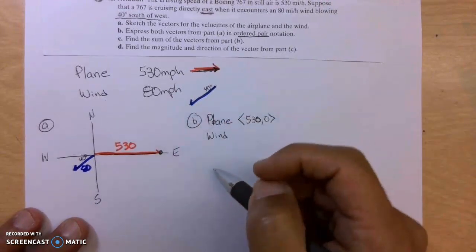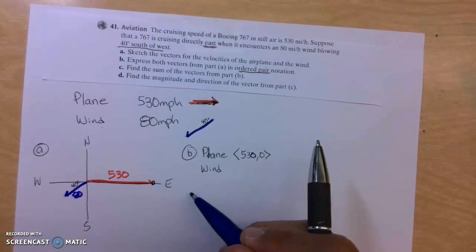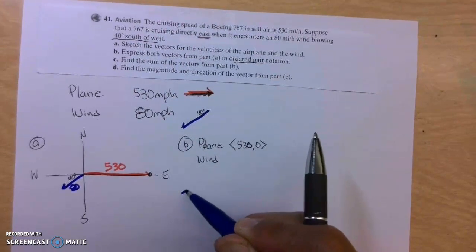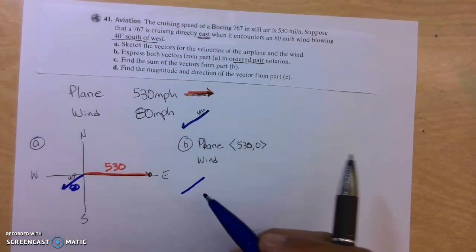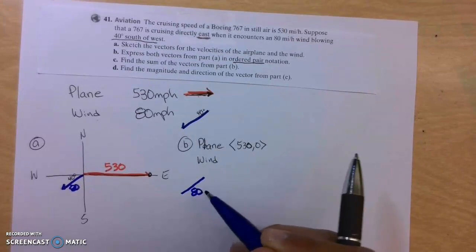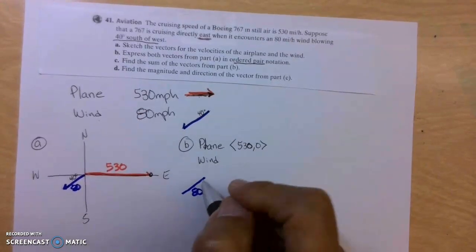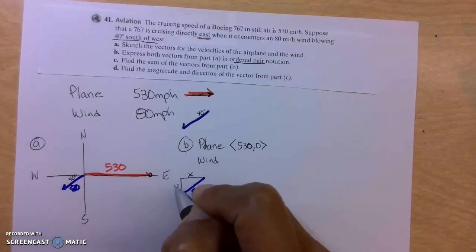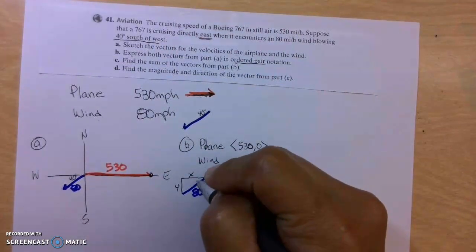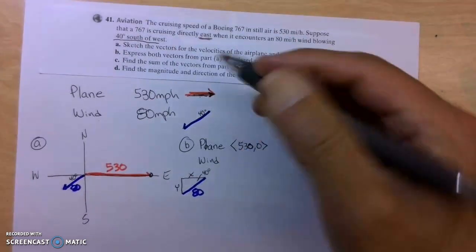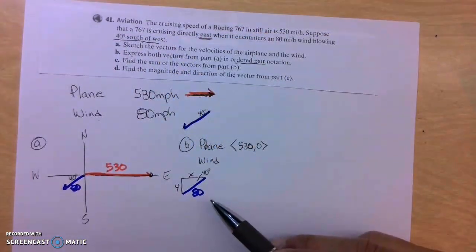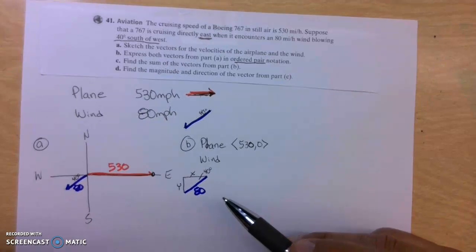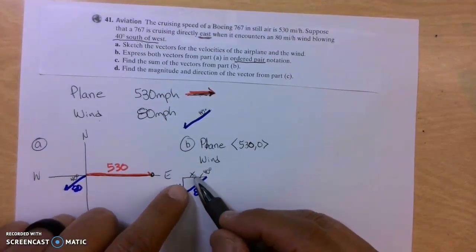In particular, this thing is a right triangle. This is 80, the miles per hour of that wind. We have to figure out this x and this y. And we have 40 degrees right here, 40 degrees south of west. So we're going to use sine, cosine, tangent twice. Let's solve for x. This is adjacent over hypotenuse.